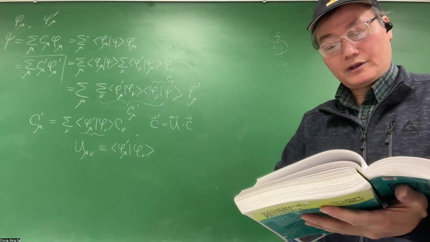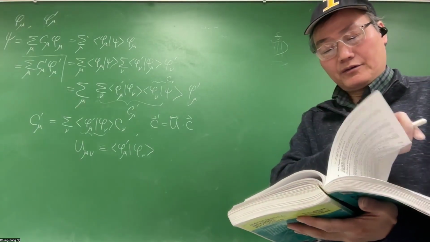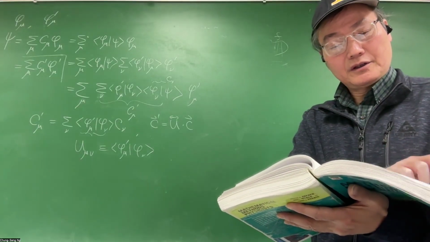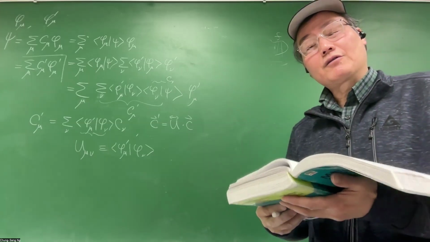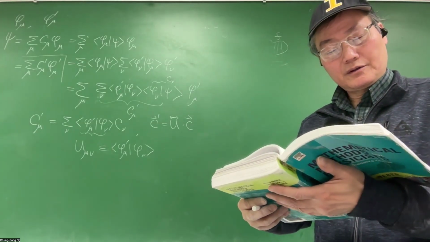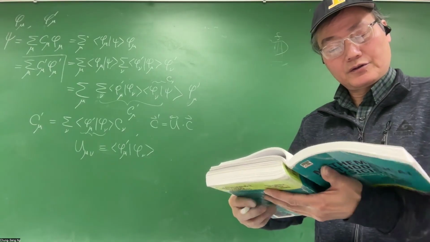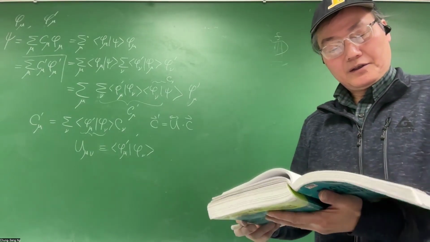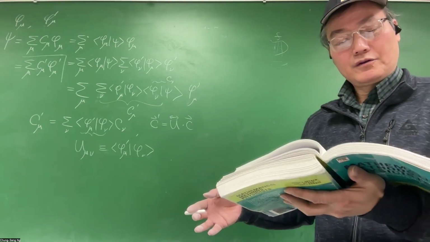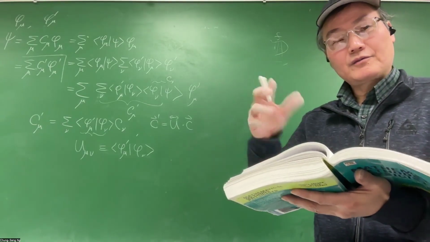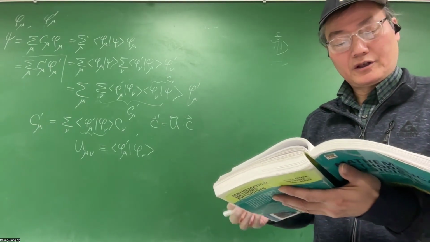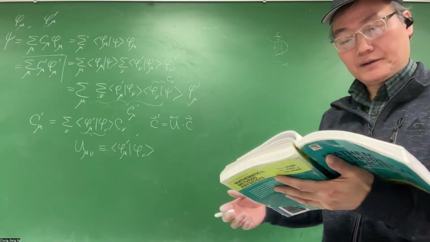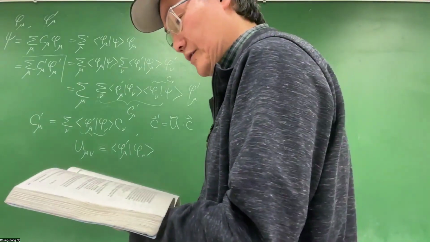I think the textbook pointed that out by referring to the vector rotation in chapter 3. That transformation matrix is also the dot product between the unit vectors in the new coordinate system and the coordinate system after you do the rotation. And that's exactly the same thing.